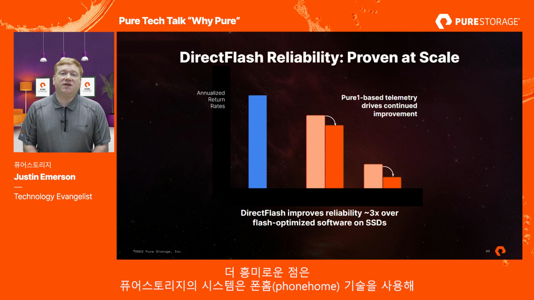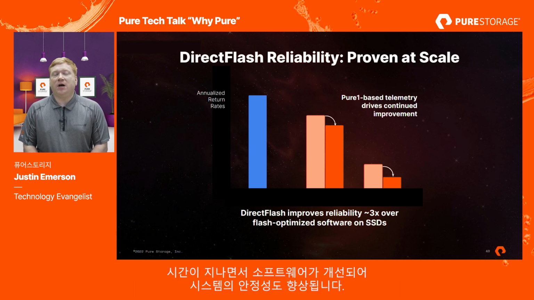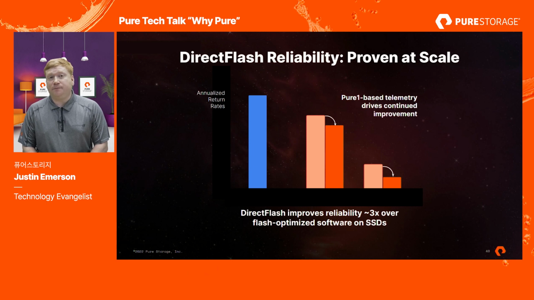And what's even more exciting is that because our systems phone home, we get very rich telemetry about what is happening on those direct flash modules, which means that over time, by improving our software, we actually improve the reliability of our systems as well.